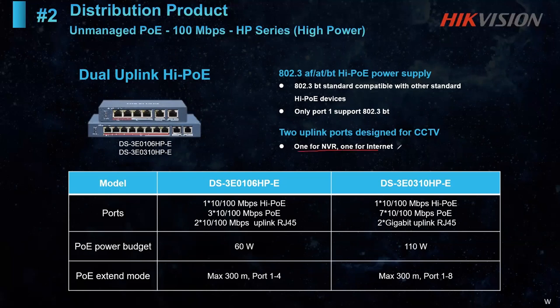So you can use one port for the NVR and the other port to connect to the internet through a router. And in this table we have demonstrated two high PoE models in our distribution product lineup of unmanaged PoE series. So you can choose according to your PoE budget and port requirements.